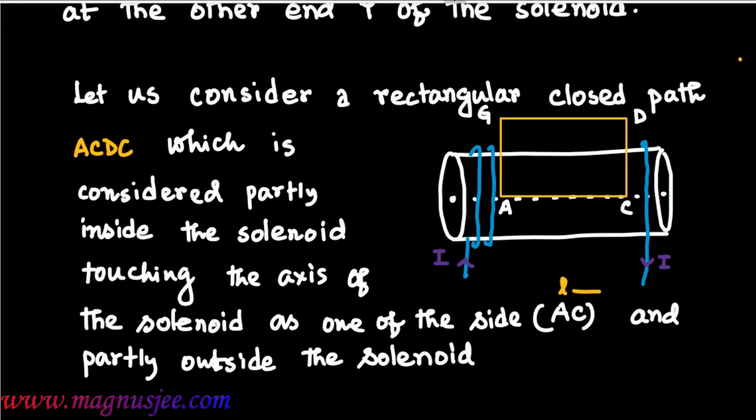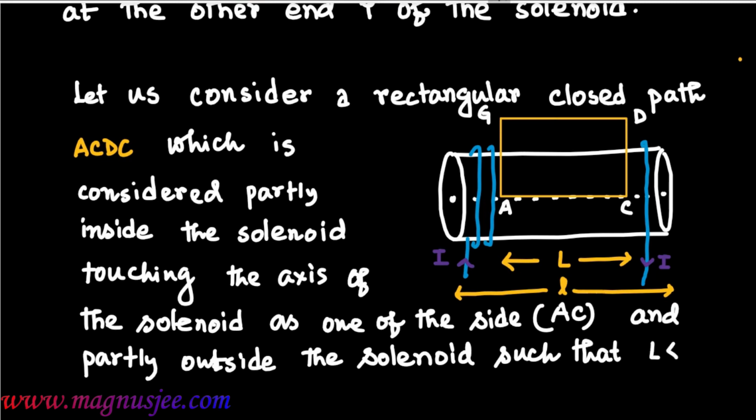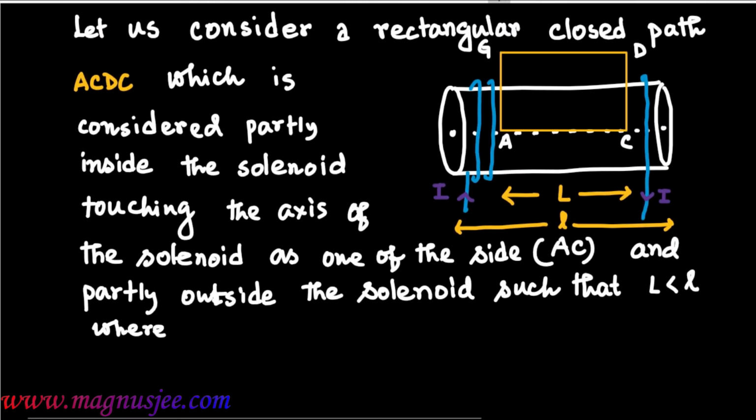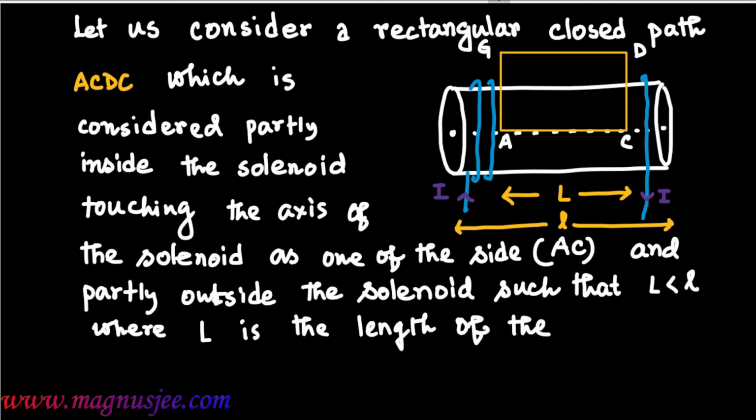This is the current I. Small l is the length of the solenoid and capital L is the length of the side AC, and partly outside the solenoid such that small l is less than capital L, where capital L is the length of the side AC of the rectangular closed path.